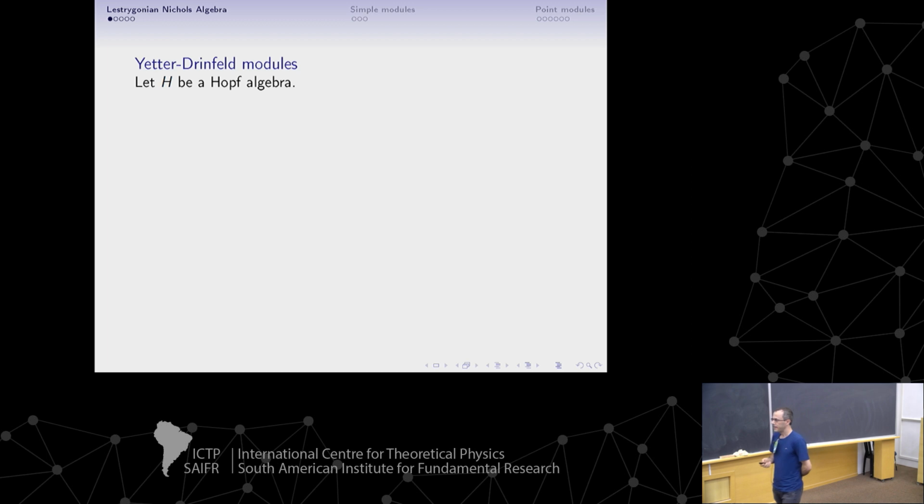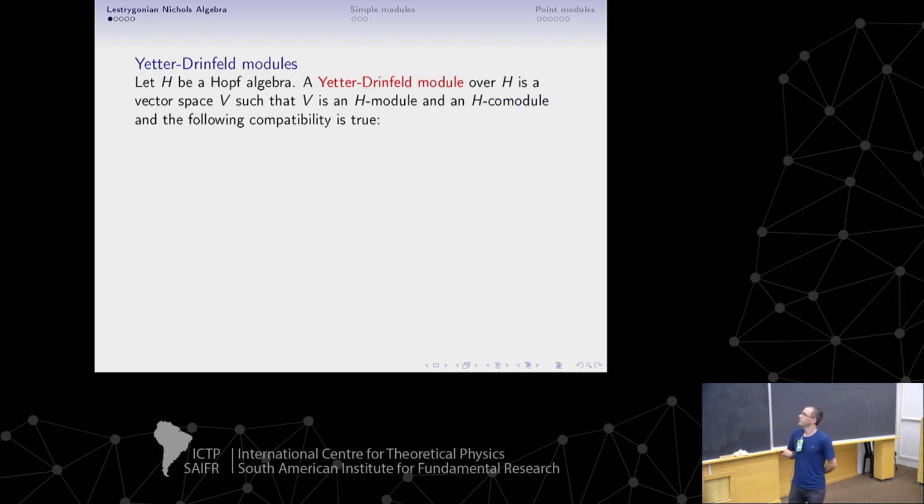I start with the definition of Yetter-Drinfeld modules. Nicolas talked about this topic yesterday, but I recall it. Consider a Hopf algebra H. A Yetter-Drinfeld module over H is a vector space V that has two structures, a structure of H-module and a structure of H-comodule, and that satisfies a compatibility condition.